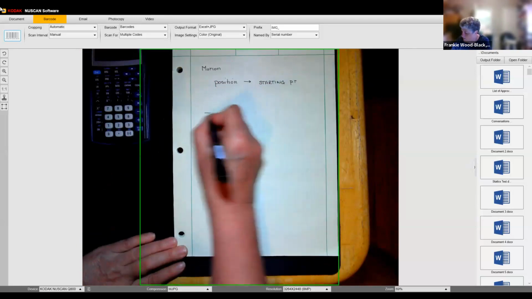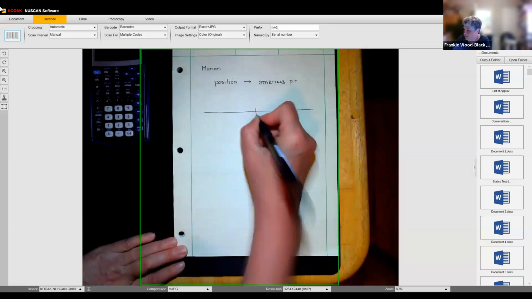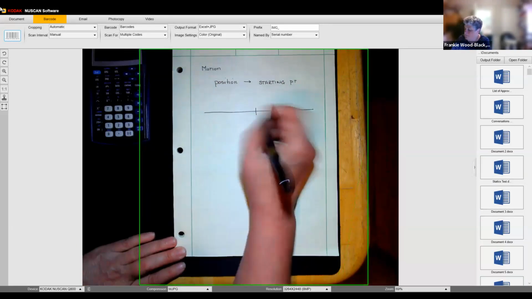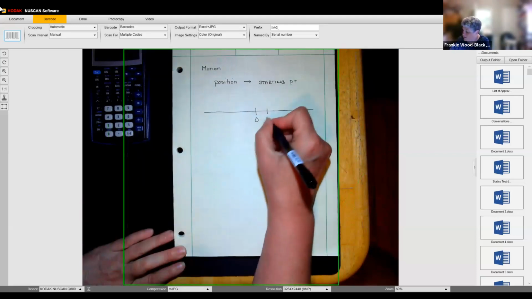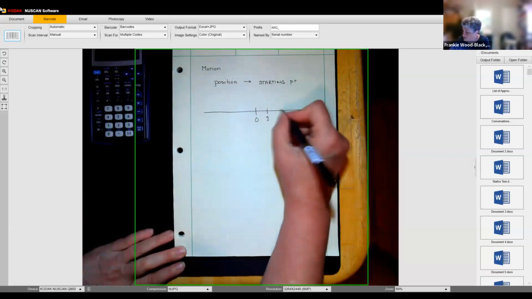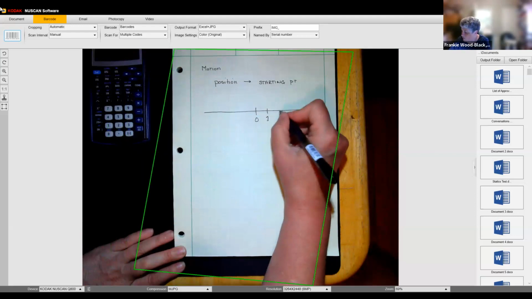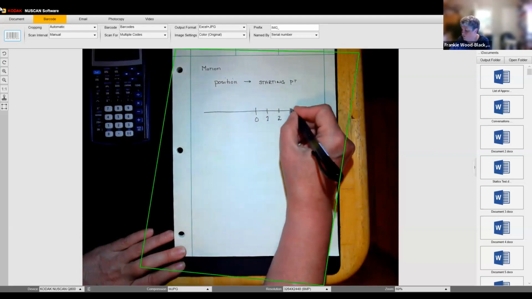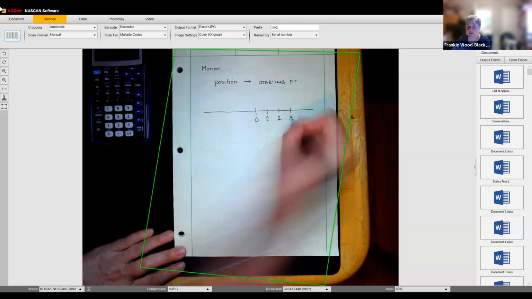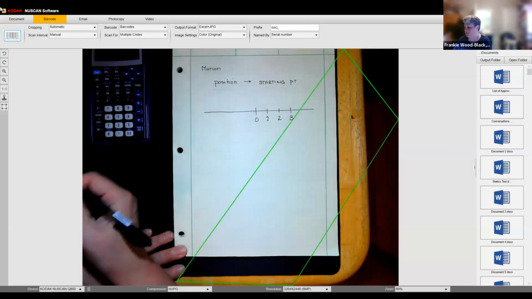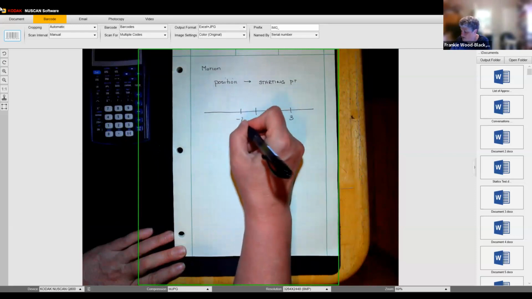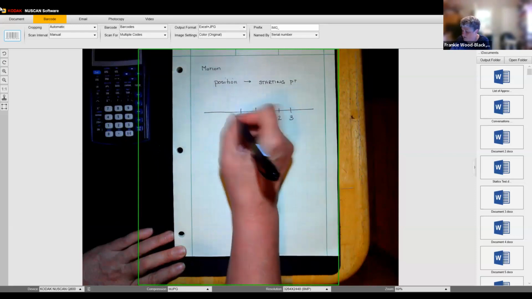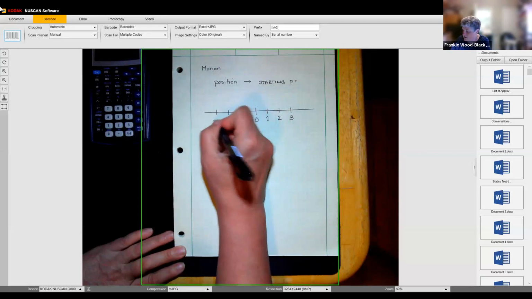And if I'm on a number line, my starting point could be 0. My starting point could be 1. My starting point could be 2. I'm just defining a starting point. So it's just like what we're saying, that we're looking at how things are going before. So here's a -1, here's a -2, here's a -3.